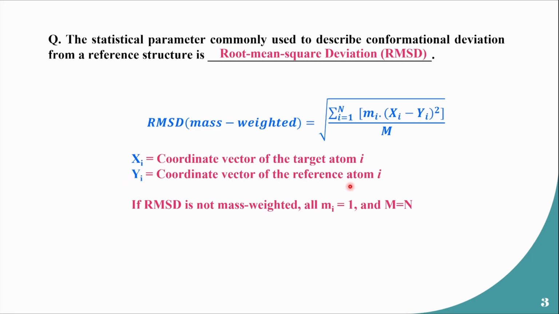If it is not mass weighted, then you just divide by the total number of atoms in the end, and you take a square root after the summation, after the whole process. So RMSD can give you an idea about structural deviation or conformational changes occurring in the whole protein, or in certain parts of the protein.